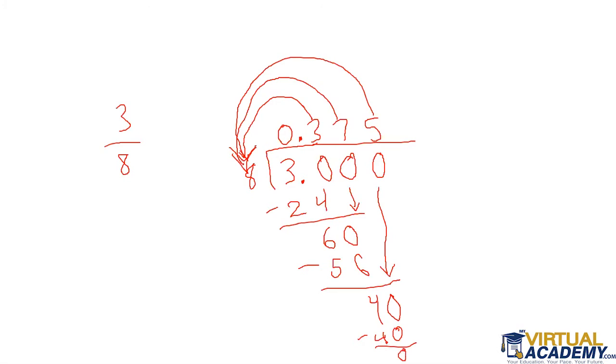And because we got 0 for the remainder, we're done. So 3 over 8 equals 0.375. And notice, guys, we don't have to write that 0 in front. Okay, we don't have to write that. All we need to write is the numbers after the decimal point. So 0.375, okay?